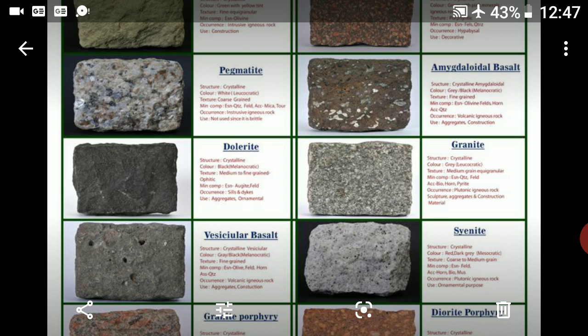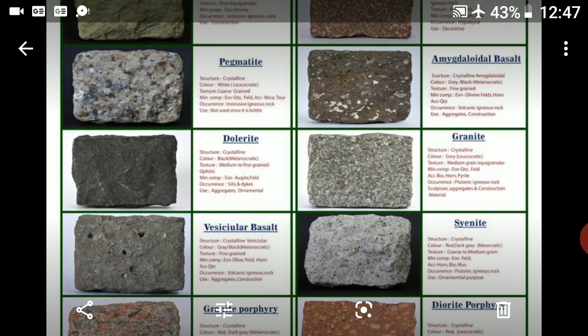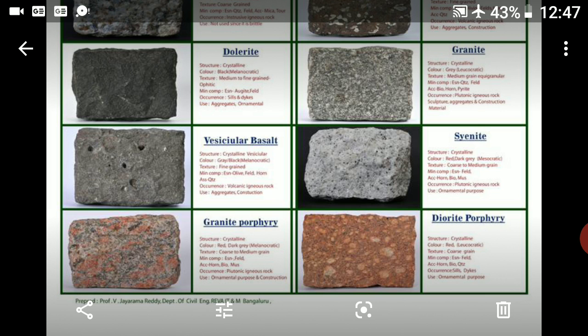Next is dolerite. Dolerite structure crystalline, color black, texture medium to fine grained. Mineral composition: essential minerals are augite and feldspar. Occurrence: sills and dikes. Use: aggregates and ornamental.